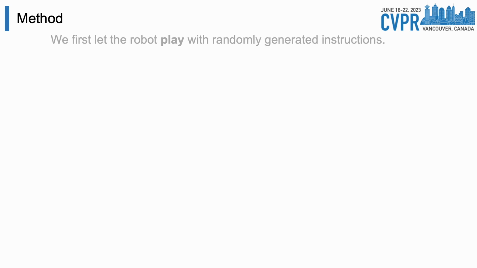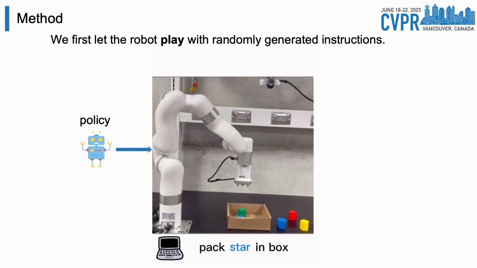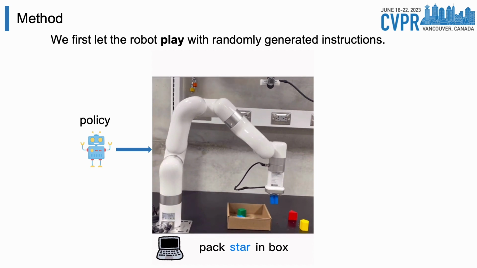In this work, we leverage this kind of generalization ability to correct the policy during testing on unseen tasks and environments. When we adapt a trained policy to a new task or new environment, we first let the policy play. That is, the model predicts and performs actions given randomly generated instruction. Suppose this is a policy trained on simulation data and we want to deploy it in the real world. We first generate a random instruction, and the robot tries to predict and perform the manipulation.